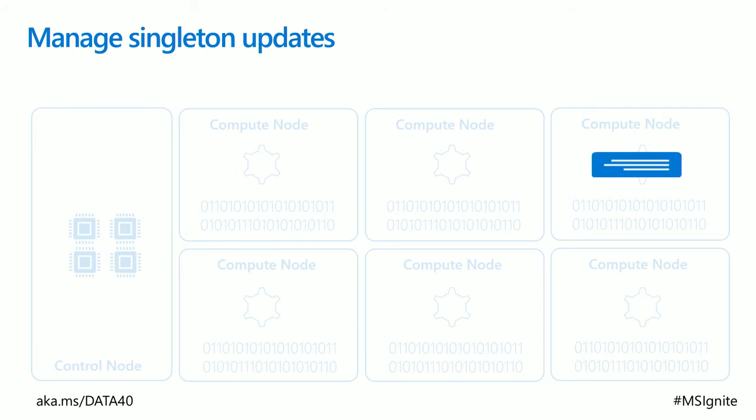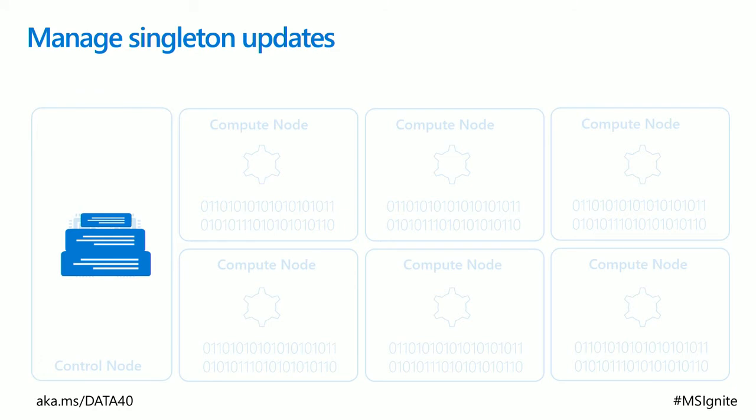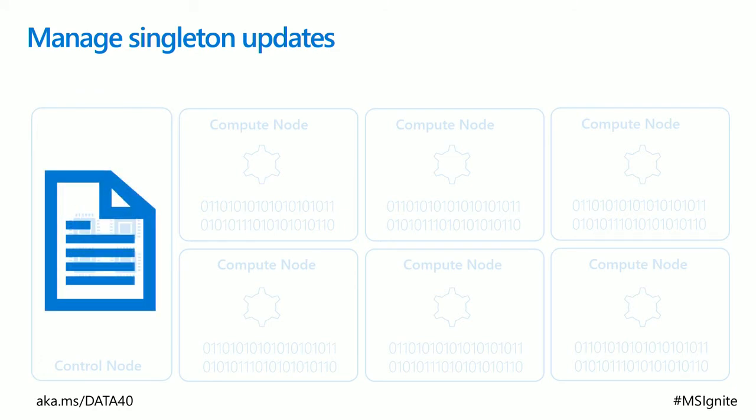The tip here is probably you'll want to manage those singleton updates so that you can group them together, batch them up in a file, and then let that file process across all of the compute nodes.